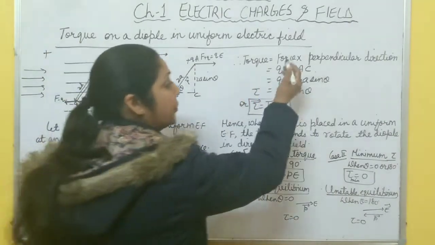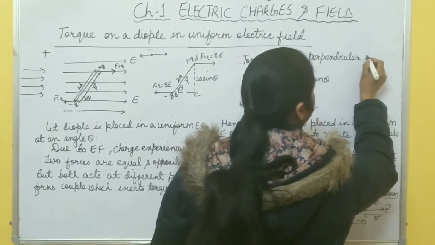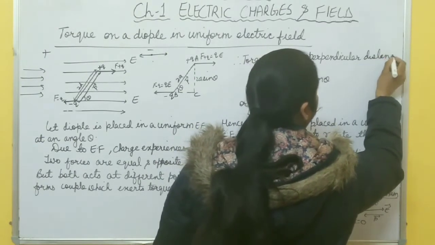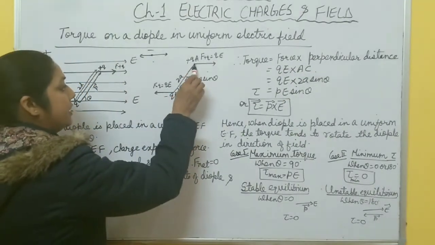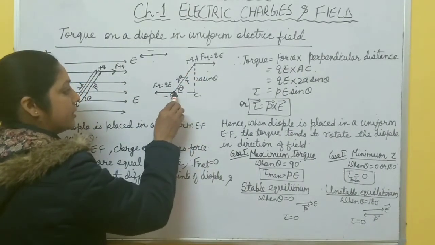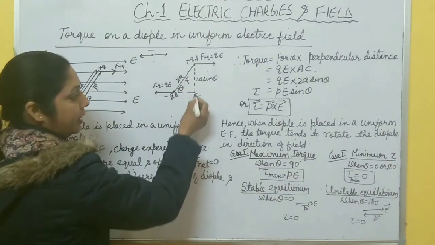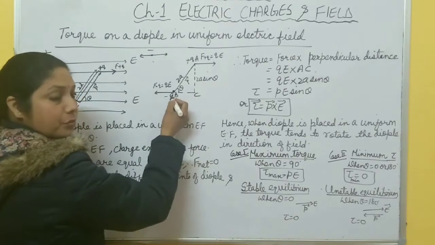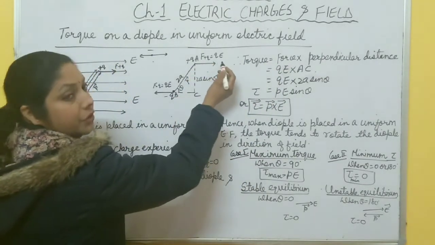Torque is what? Force into perpendicular distance between the 2 points, right? So one point is this one, A, another point is this one, B, and the perpendicular distance is this one, AC, between these 2 points, and force on both is equal to qE.